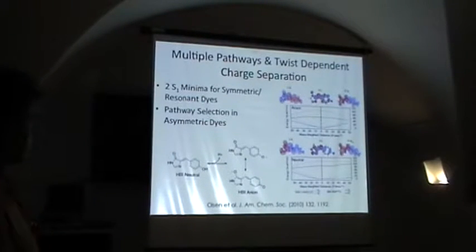As it turns out, in a Born-Oppenheimer picture you would get from normal quantum chemistry, in a resonant dye, for example, the anionic form of GFP, there are two pathways that are open in the excited state. And so you could potentially decay by both pathways. If you shut off the resonance, and GFP chromophore is interesting in this case because there are a couple different ways you can shut off the resonance, by protonating either at this site, or alternatively at this site.